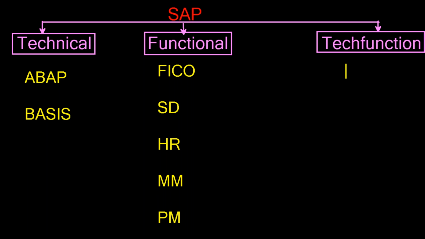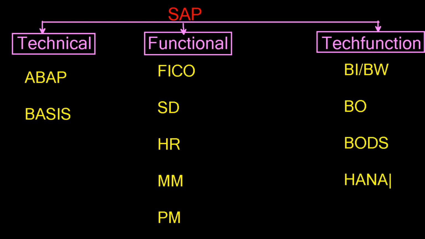And coming to the techno-functional modules: BI, BW, BA or BW, both are the same, BO, BODS, and HANA. So these are the techno-functional modules.